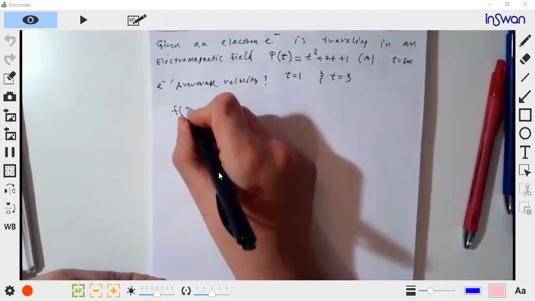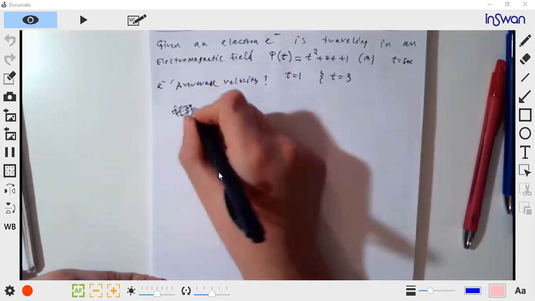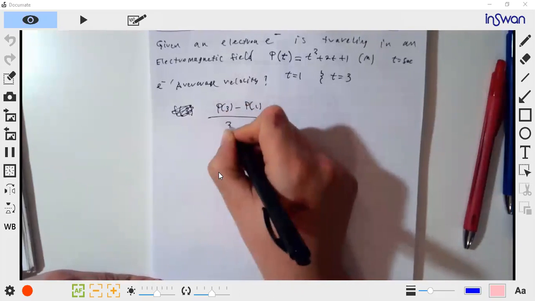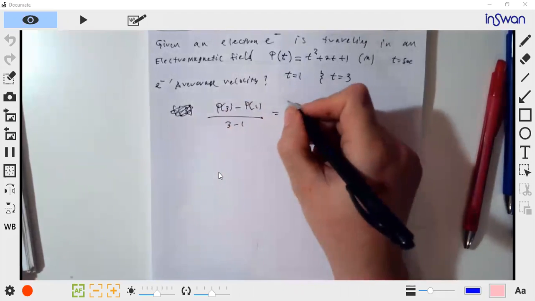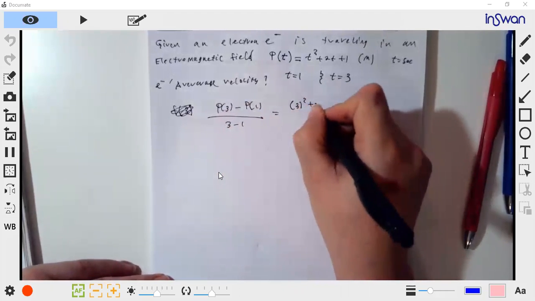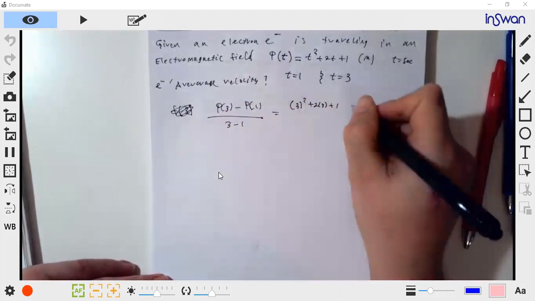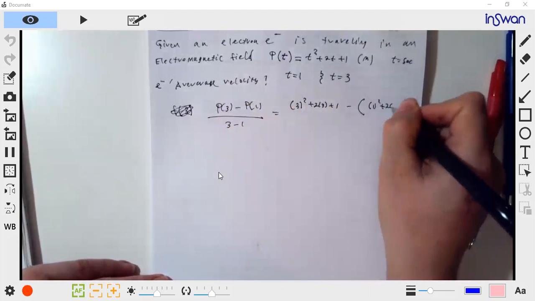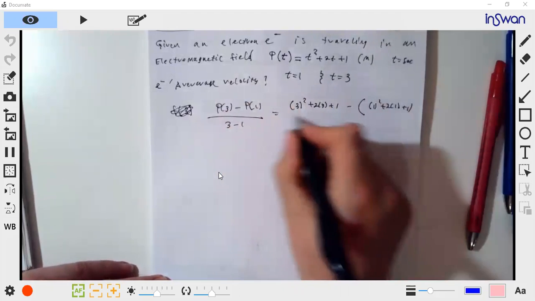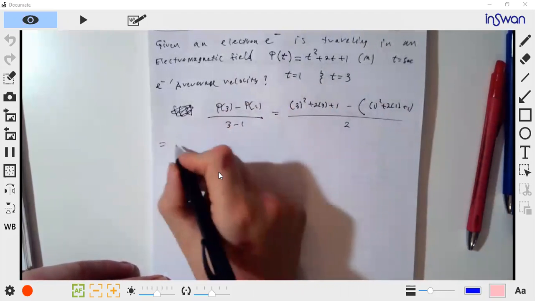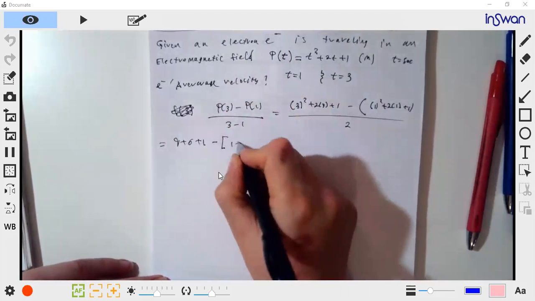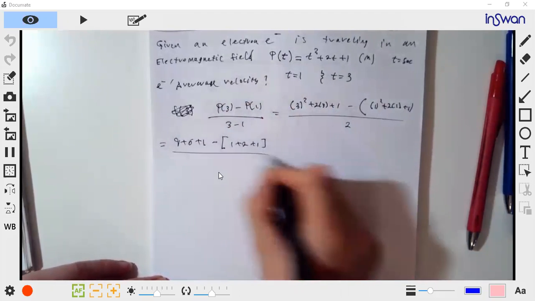So p of 3 minus p of 1 all over 3 minus 1. This is equal to 3 squared plus 2 times 3 plus 1 minus the quantity 1 squared plus 2 times 1 plus 1, all over 2, which is equal to 9 plus 6 plus 1 minus the quantity 1 plus 2 plus 1, all over 2.